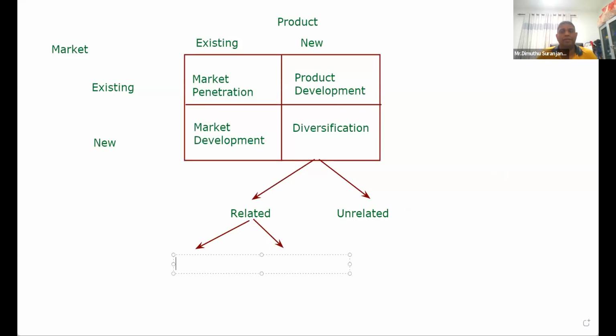Check your knowledge. Hey guys, you are going to write the exam very soon. Related diversification can be divided into 2. What are the 2? Vertical and horizontal.